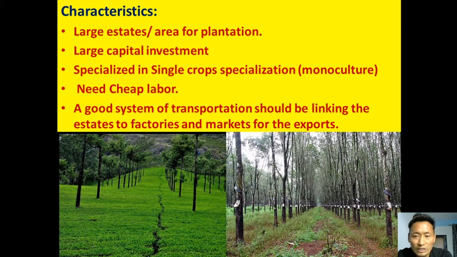Since in plantation agriculture mostly the products or raw materials are perishable in nature, we need a very good transportation link from the estate, that is the farming land, to factories, and from factory to market.